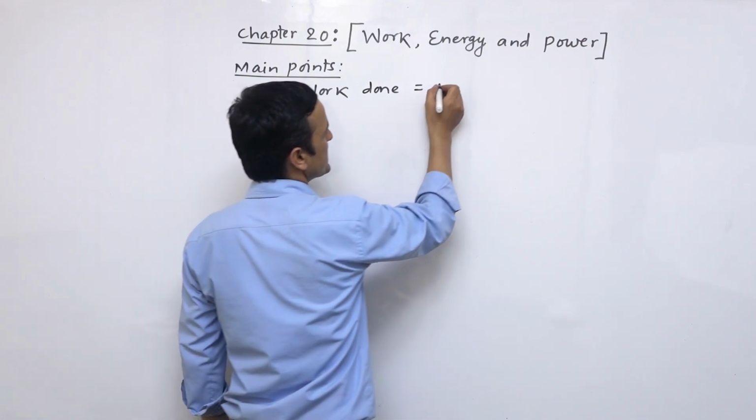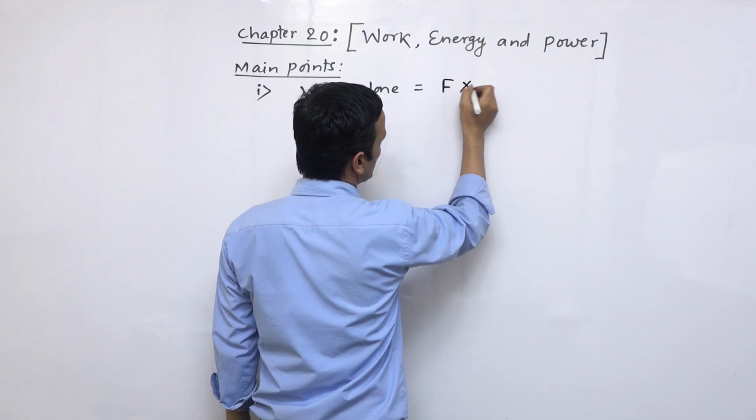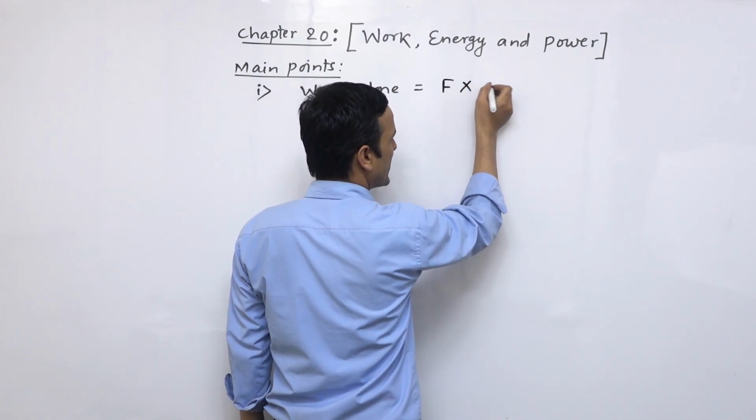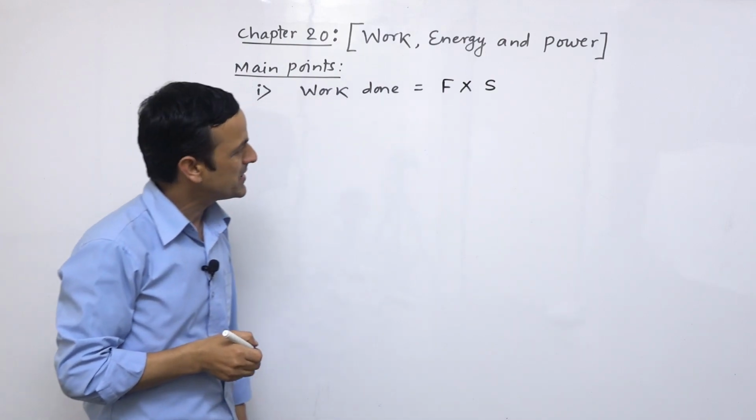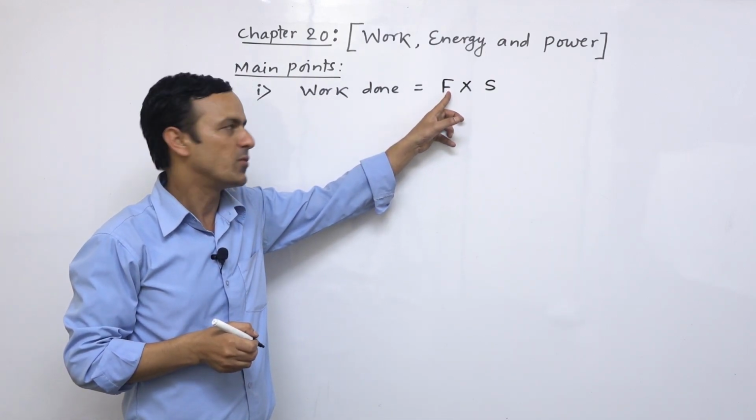So work done means the force into displacement. You can write down D or S. So S is the displacement and F is the force.